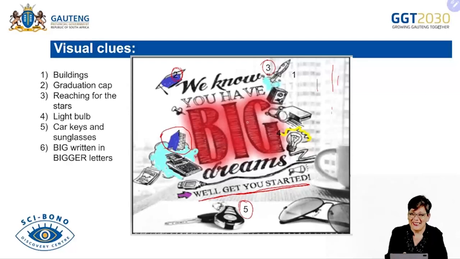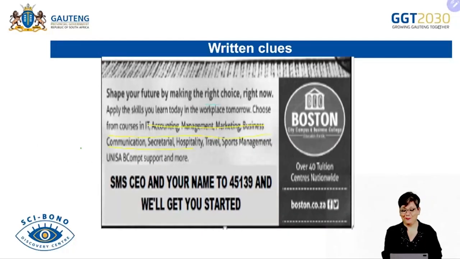I'm sure you can see that. And as you can see, that was the first thing that grabbed your attention. I'm sure it did. And they're very clever because they say, we know you've got big dreams. And we have all these big dreams. And then they come with this little thing that says, we'll get you started. Wow, isn't that amazing? So that was the visual clues.